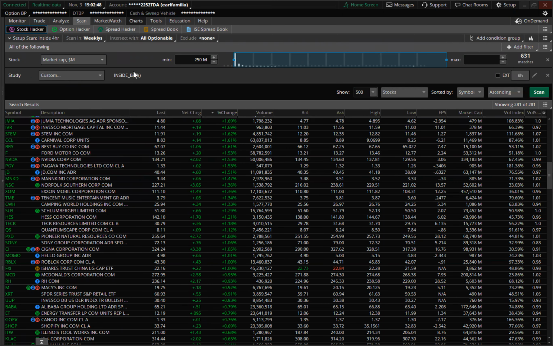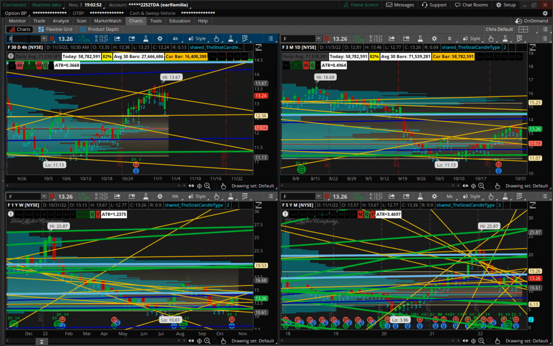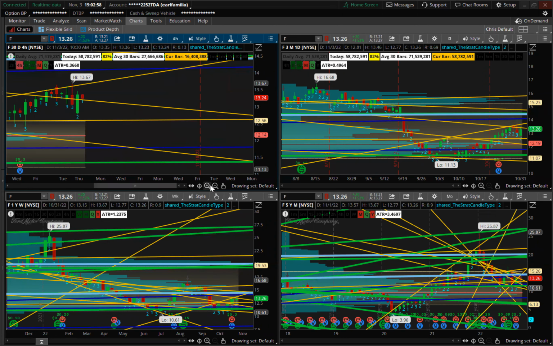We got Ford and then Nvidia. Interesting spot for it. It came back to the broadening formation. Man, it's funny. Some of these things were setting up for a 3-2-2 and then just died right at the trigger point.